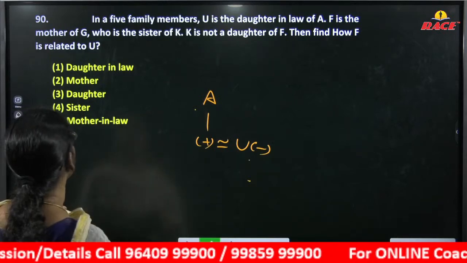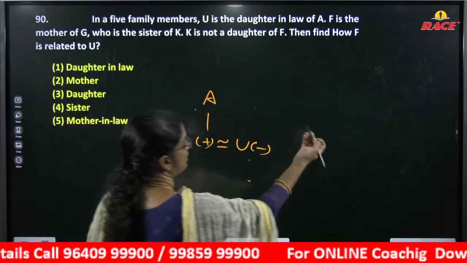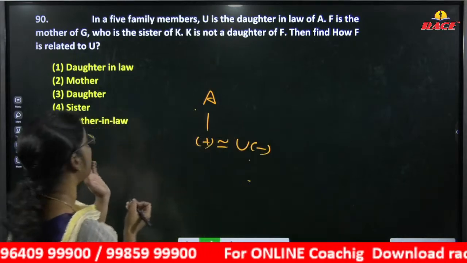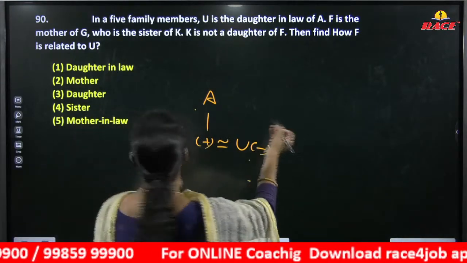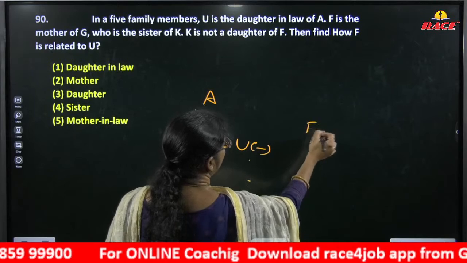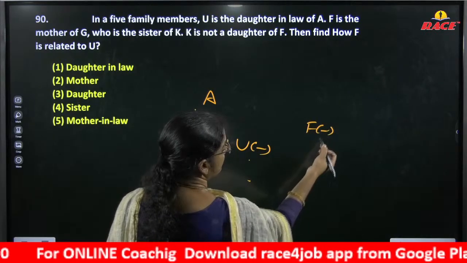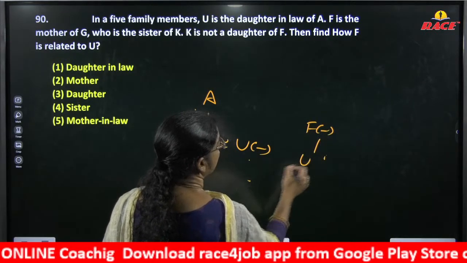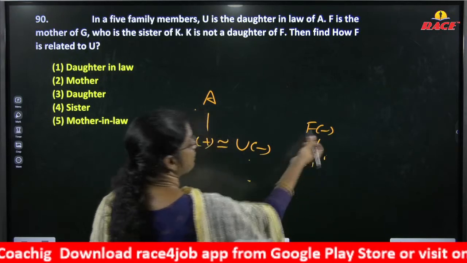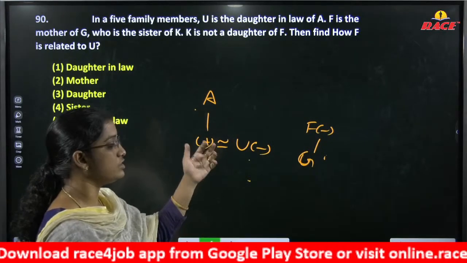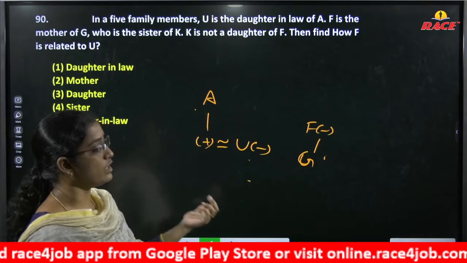Next, F is the mother of G. In this diagram we don't have F and G, so I'm taking them separately. F is the mother, so female, so I'm taking minus. F is the previous generation, and G is the child, so the next generation.